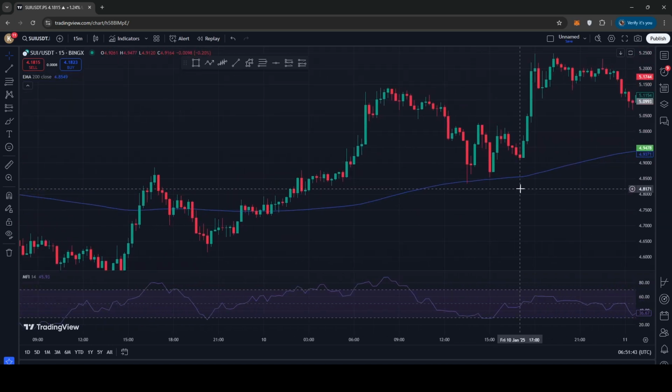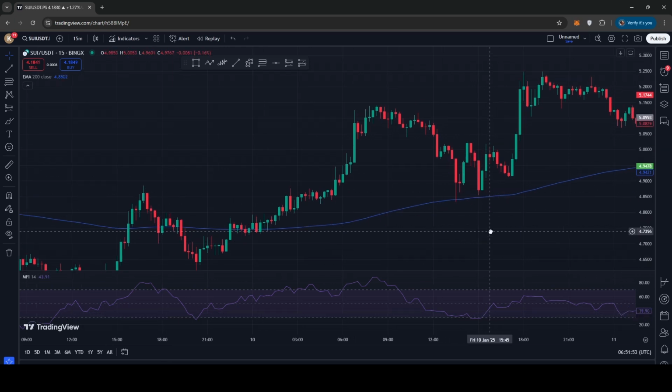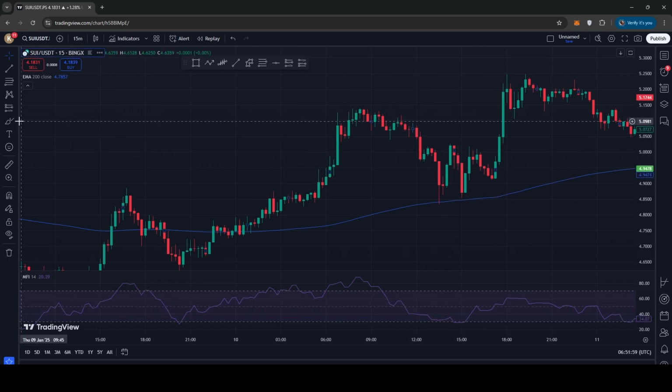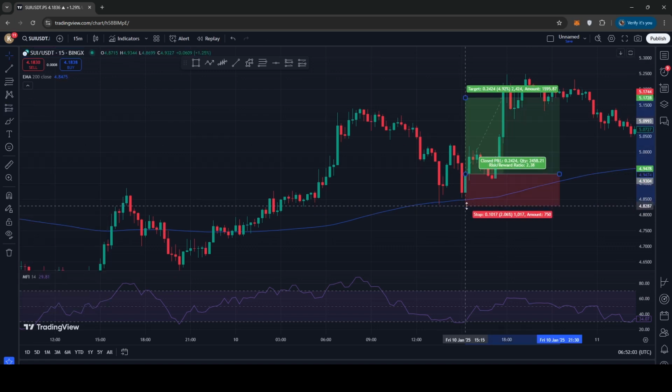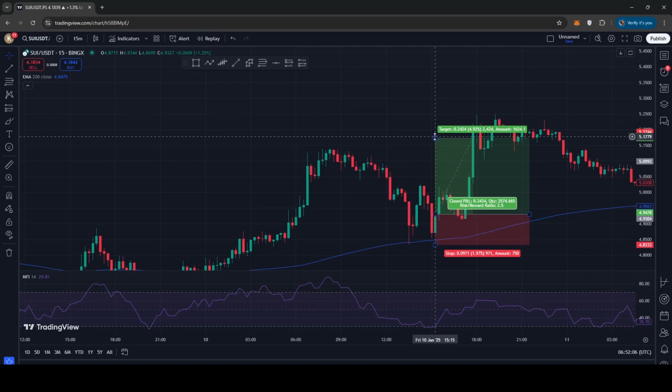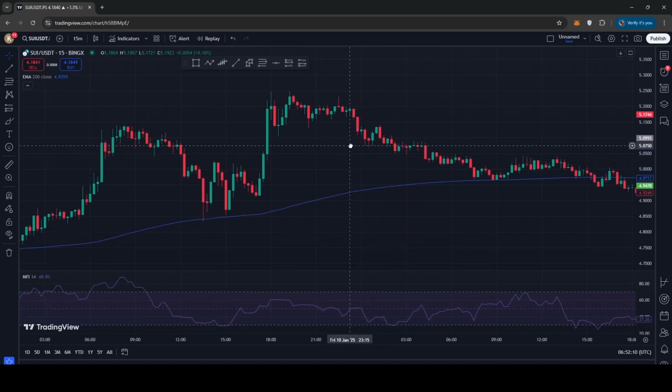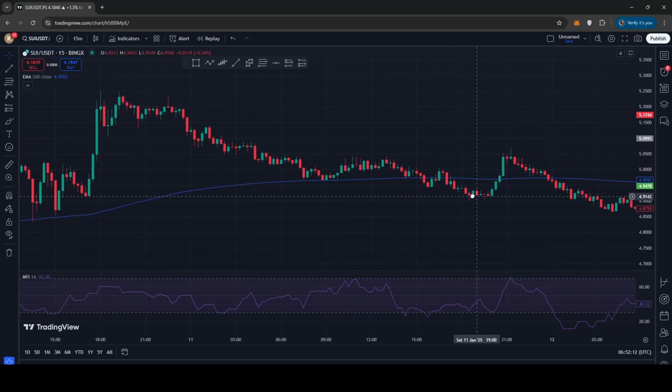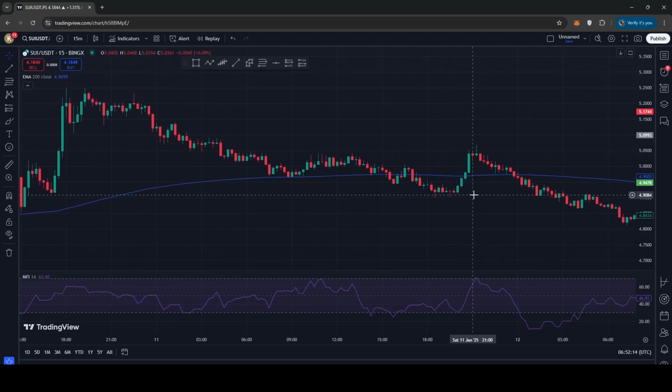Next, as you can see, the MFI is around 30. We are in an oversold position, and we got two bottoms, so we're going long here and setting our stop loss at the recent swing low with a risk to reward of 1 to 2, and this is another profitable trade. Let's go for another example.